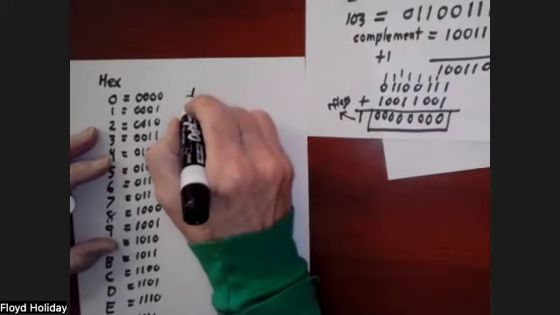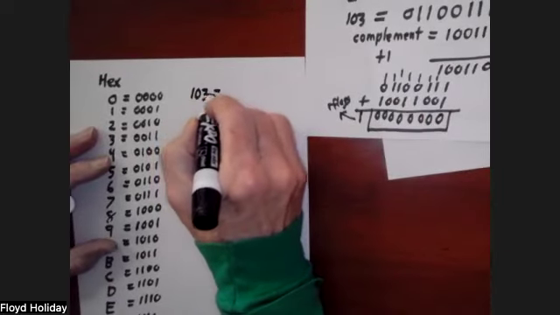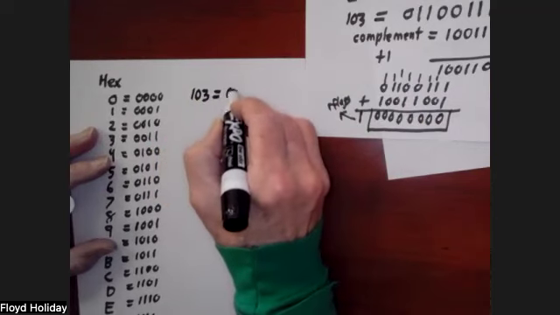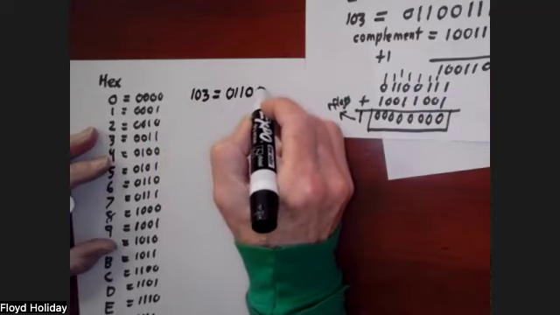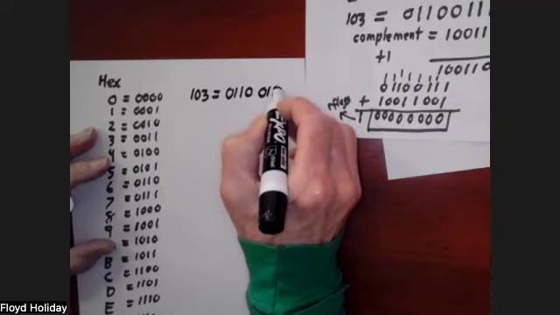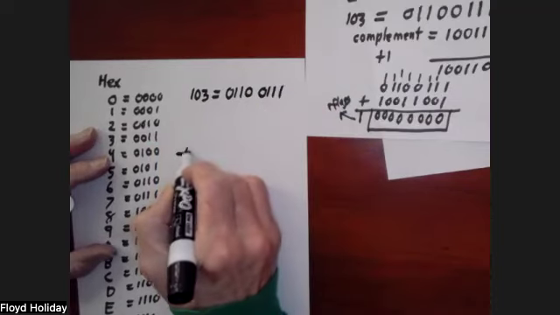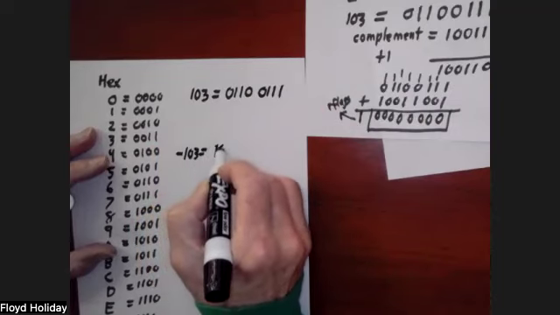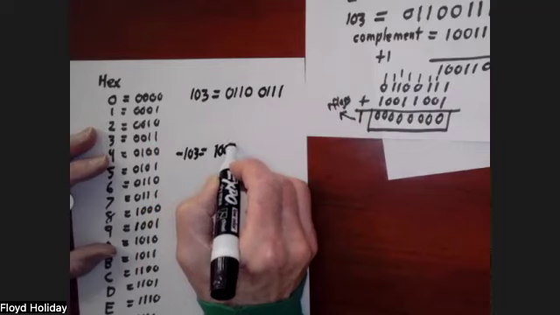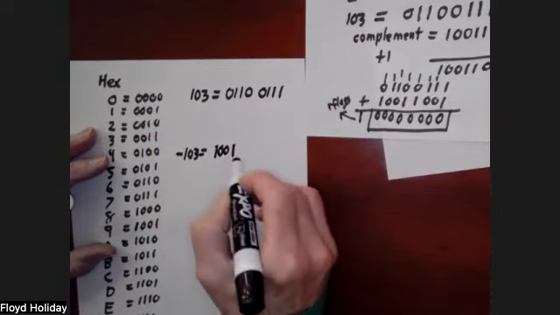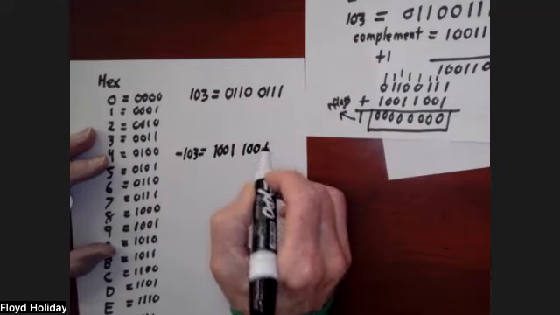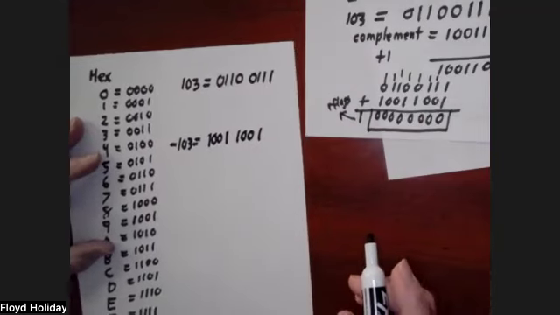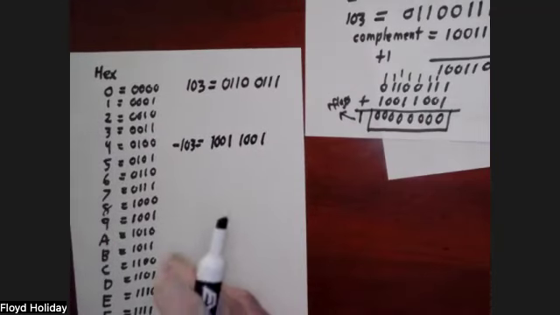I'm going to copy those to the next page. 103 we computed was 0, 1, 1, 0, 0, 1, 1, 1, and negative 103 was 1, 0, 0, 1, 1, 0, 0, 1.